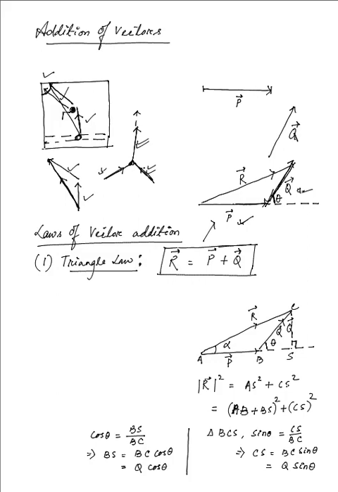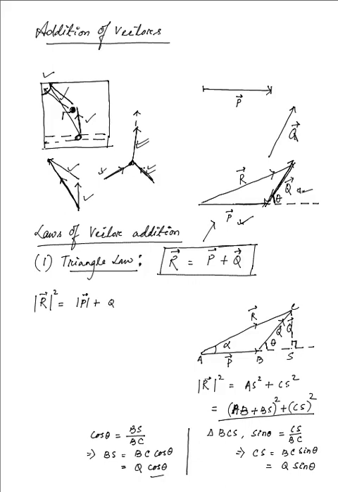Using these values in the above expression, what we find is that R squared is equal to AB, which is the P vector, but we are concerned about the magnitude over here, so P, the magnitude of P, plus BS. Now what is BS? BS is obviously Q cos theta.